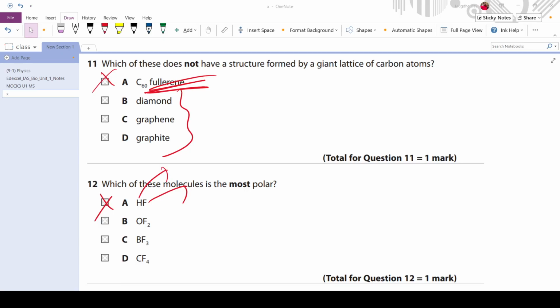Anyways, moving on. The next thing you said, uses of graphene. What are the uses of graphene? Like, where did you get this question? Uses of graphene? Like, you need it?